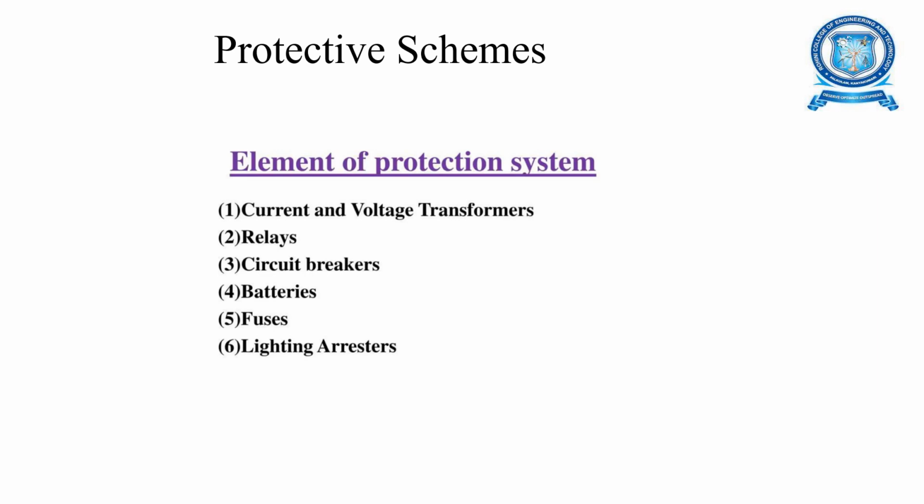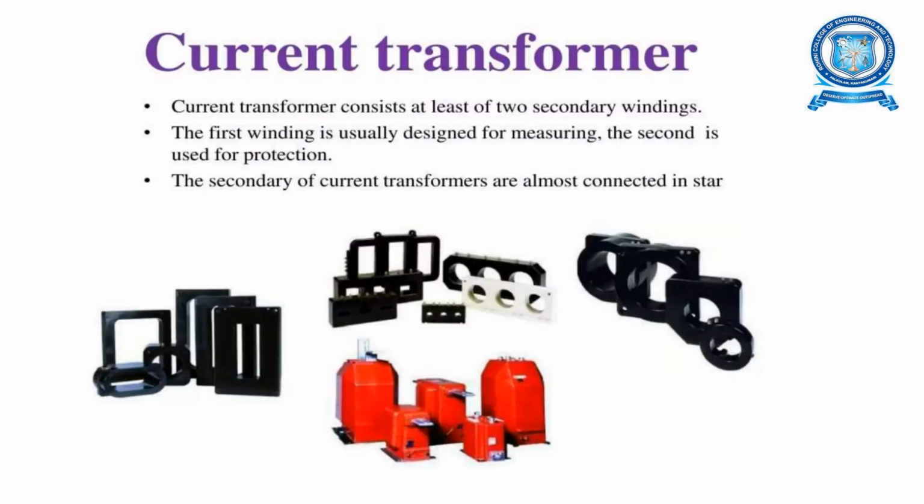So the elements of protection schemes are current and voltage transformers, relays, circuit breakers, batteries, fuses, lightning arresters. First is the current transformer. It consists of at least two secondary windings. The first one is usually designed for measuring, the second is for protection.